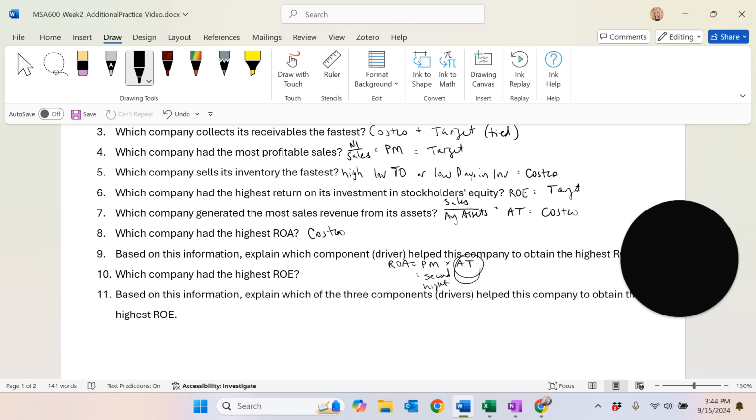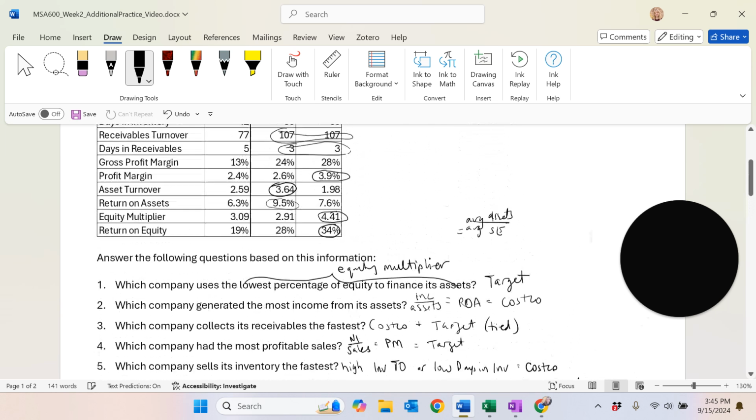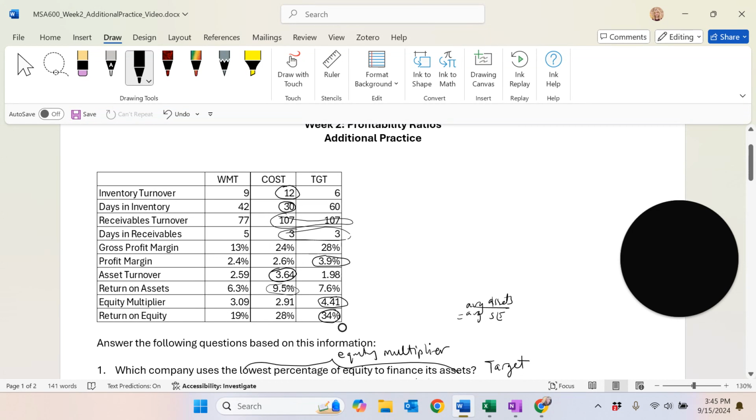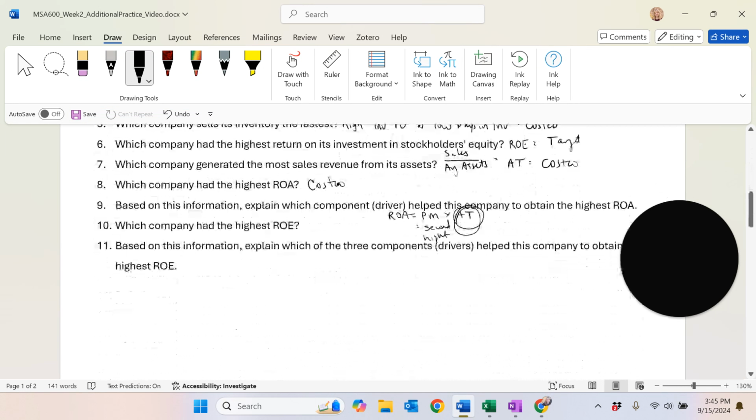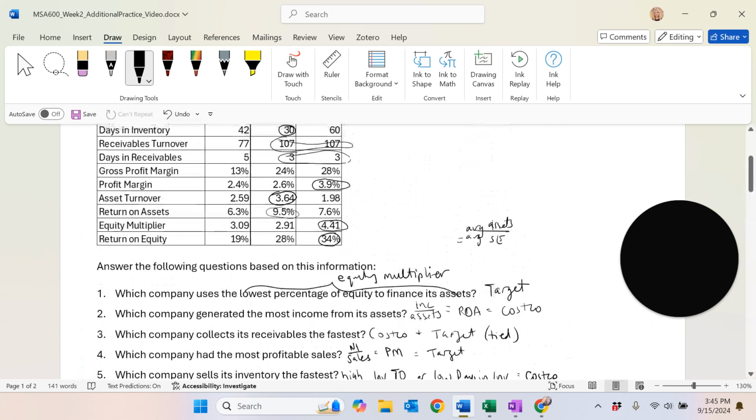It must have been that it had such a high asset turnover. And we see asset turnover for Costco, 3.64, was so high that it more than offset the second highest profit margin.